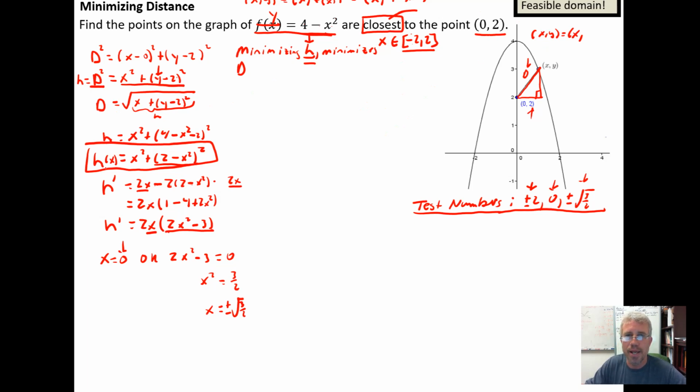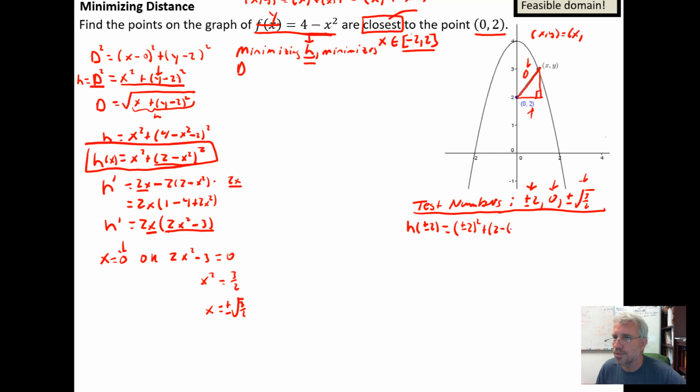So now I'm going to grab my h. I'm going to evaluate h at plus or minus 2. And I can plug plus or minus 2 in because the squaring is going to kill the negative. So h at plus or minus 2 is going to be plus or minus 2 squared plus parentheses 2 minus x squared.